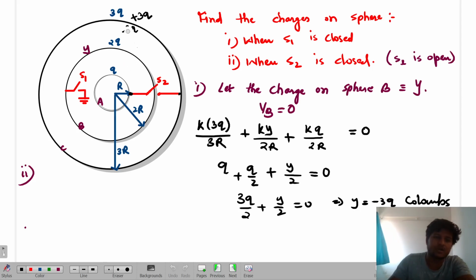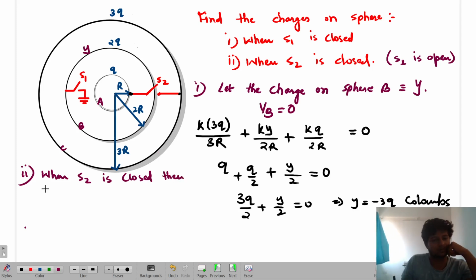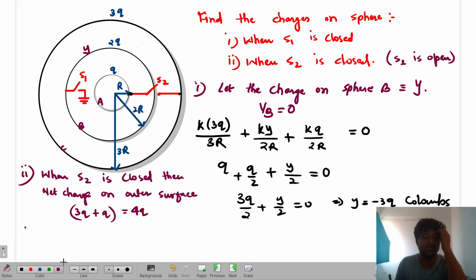So what will happen? This minus q plus q we can consider also, we can not consider also, no problem. But we know that when switch S2 is closed, the net charge on the outer surface is 3q plus q, which is how much? 4q, isn't it?